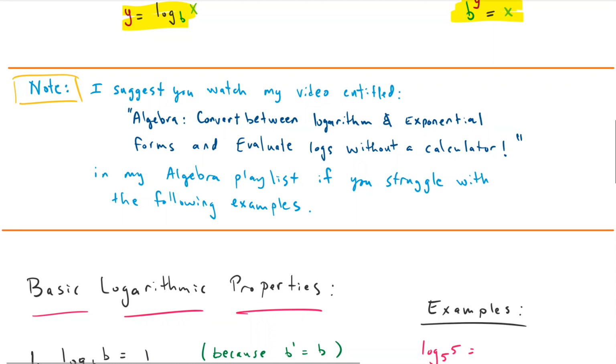Then please watch my video in my Algebra playlist called Convert Between logarithm and exponential forms and evaluate logs without using the calculator. This part right here is what I'm referring to. It's at the end of that video, and it might be helpful.